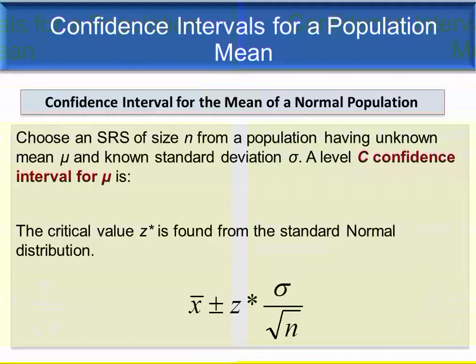So this builds all of it into one formula. If you know the confidence level, the sample mean, and the standard deviation for the population, you can just plug all the data into this formula and go directly to the confidence interval. You don't have to do a second step of calculating the sample standard deviation.